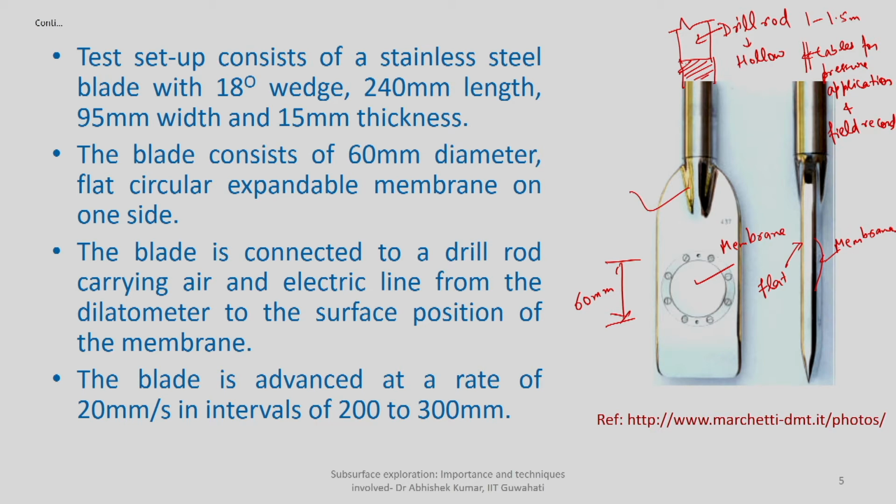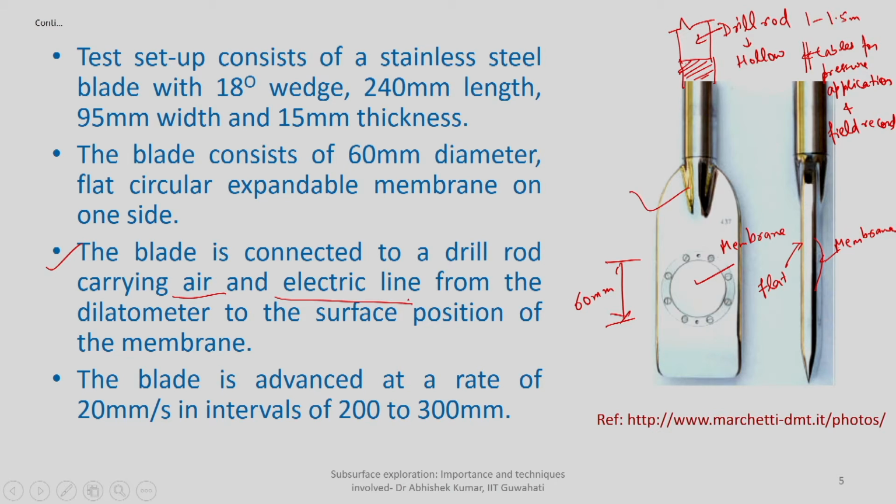Before you start a test, depending upon the depth of exploration, you better pass these cables through each of the drill rods which are going to be used during the field test, because later it will be difficult to add more rods, the cable will not be connected, and you will find difficulty in field recording. The blade is connected to the drill rod, carrying air as well as an electric line.